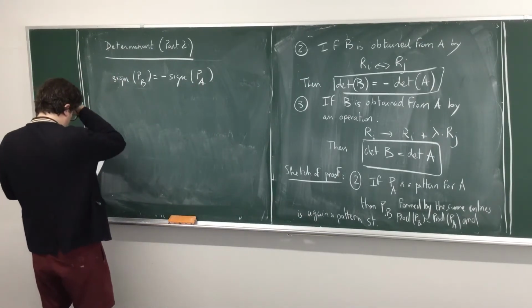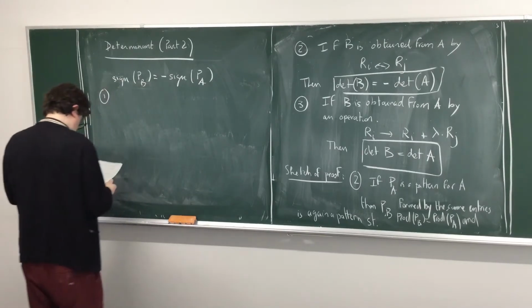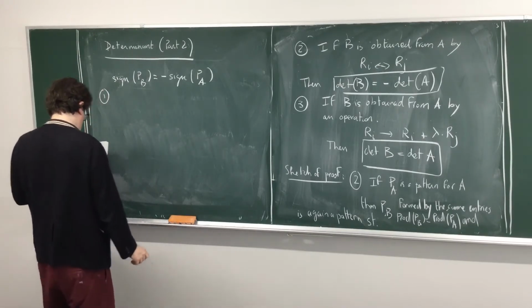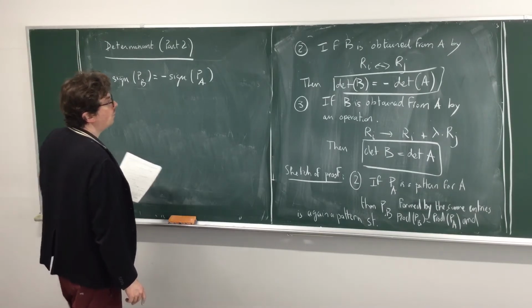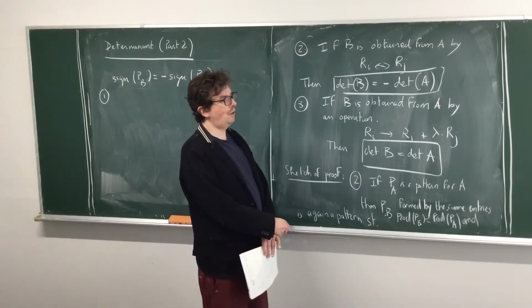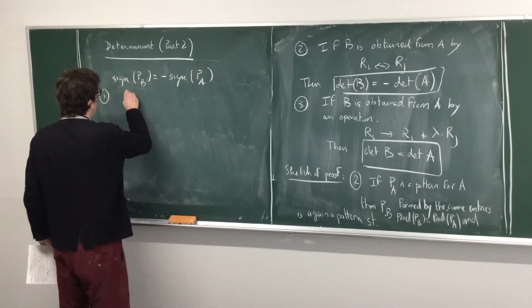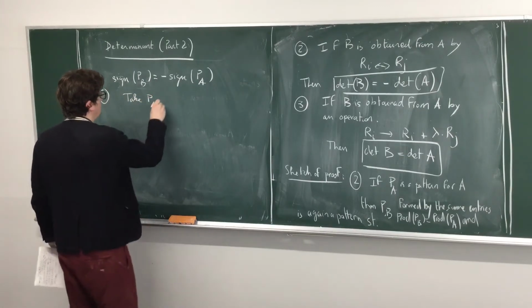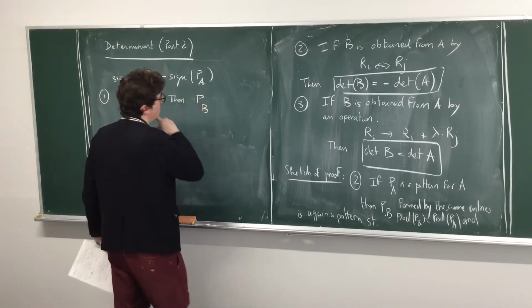Now let's prove 1. Here what are we doing? We transform a row by a scalar times this row. So taking PA, then PB, what will it be?